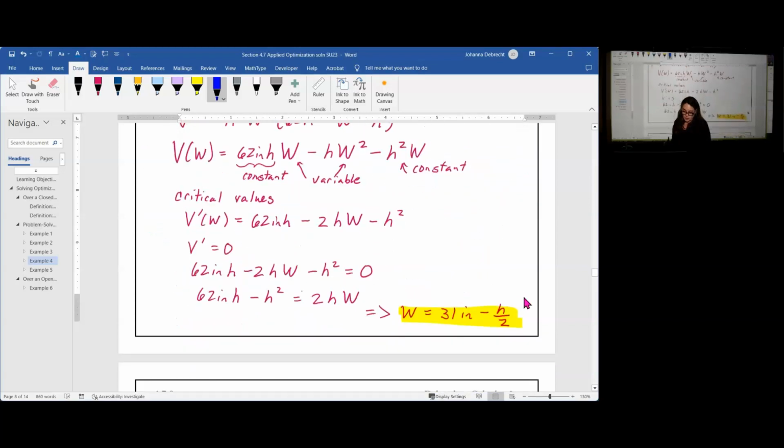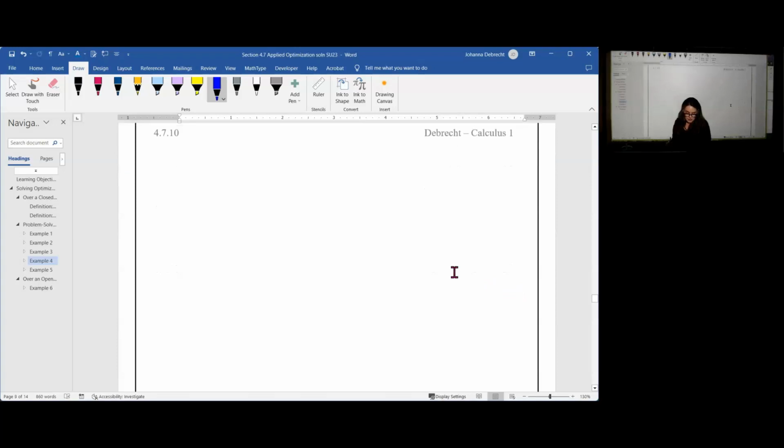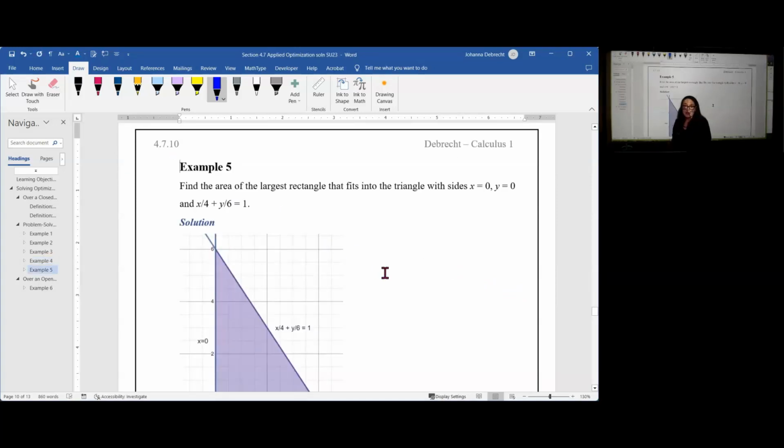Let's take a look at one last example on a closed and bounded region. This will be example 5. Example 5 is another type of problem that is fairly typical in textbooks, but it also applies in some manufacturing and engineering applications when you have to fit a certain object in a particular space of some already known shape.